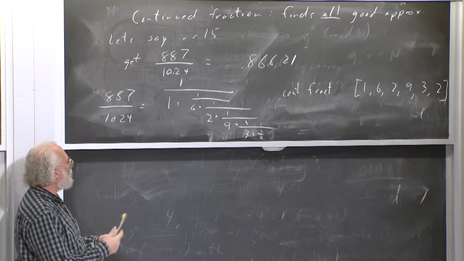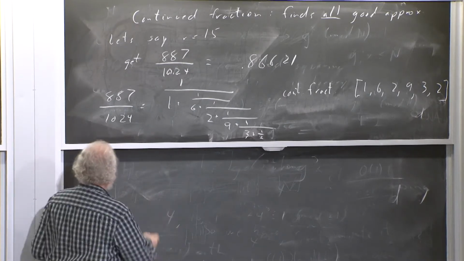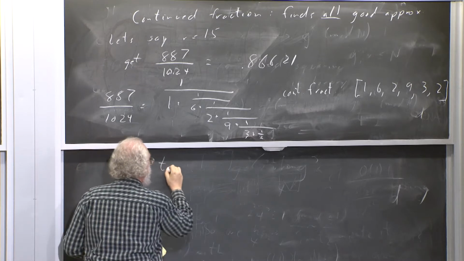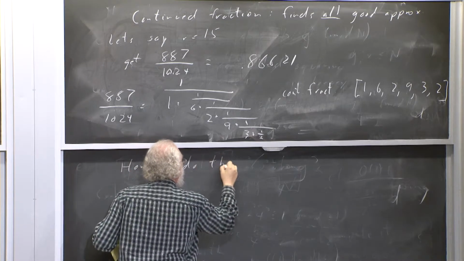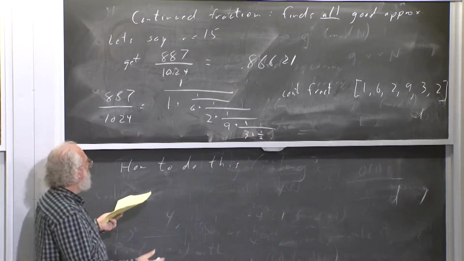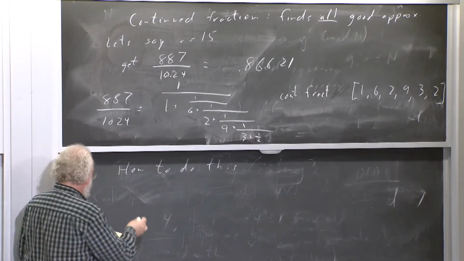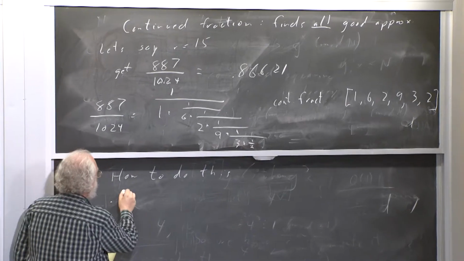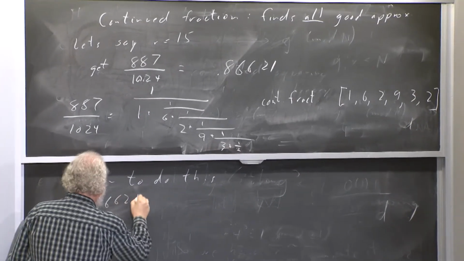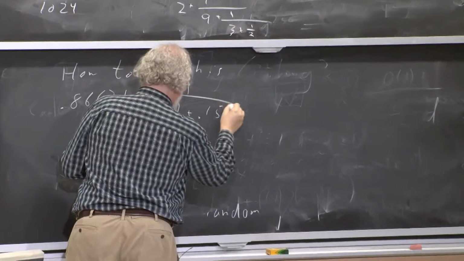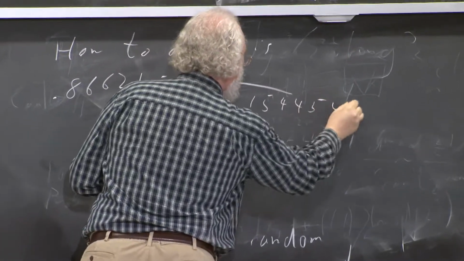So how do we do this? It's actually pretty easy. I'll just do it by example. 0.86621 equals 1 over 1 plus 0.154454.